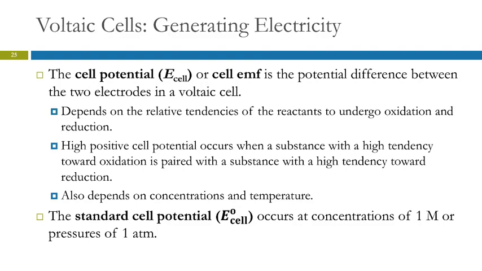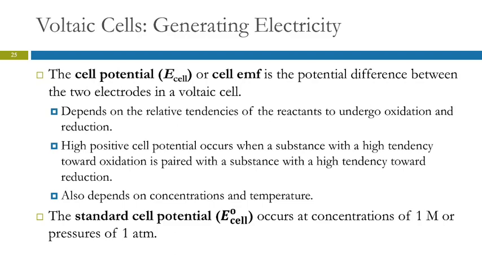So if we look at a voltaic cell, it's going to have a potential. It's called the cell potential, capital E sub cell, also called cell EMF, because this electromotive force is just another term for electrical potential. It's the potential difference between the two electrodes in the cell.